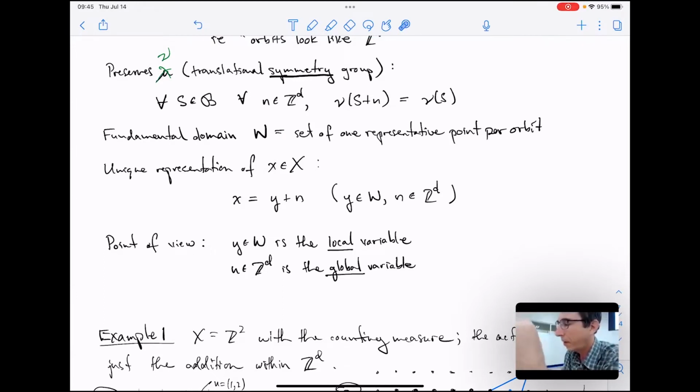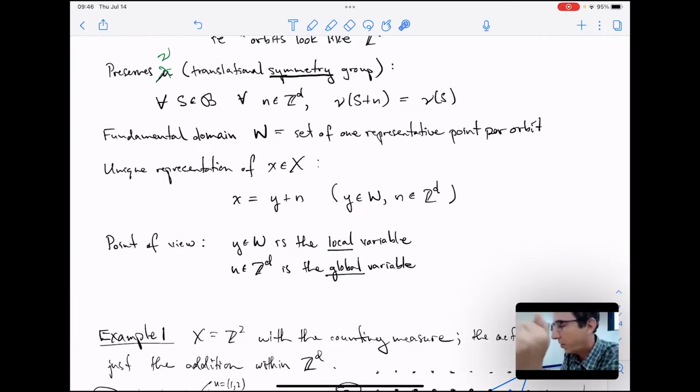Okay. Now, given that we have this set that contains one point per orbit, you can represent any element of the whole underlying space. Think of R^d, if you like, by taking an element of W, the fundamental domain, that's a representative of the orbit, and then shifting to x, because x is in a certain orbit. Take a representative of the orbit of x, and then shift to x by some n.